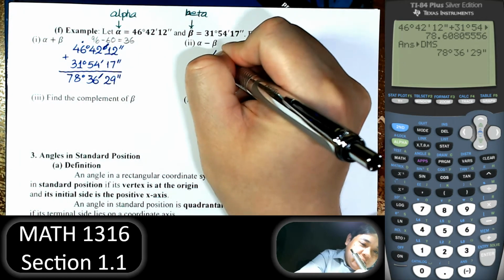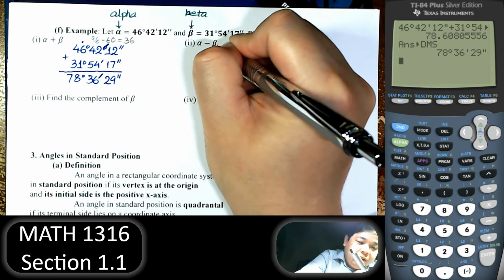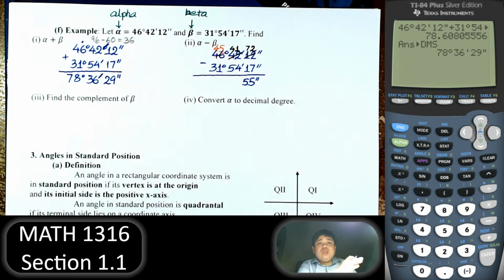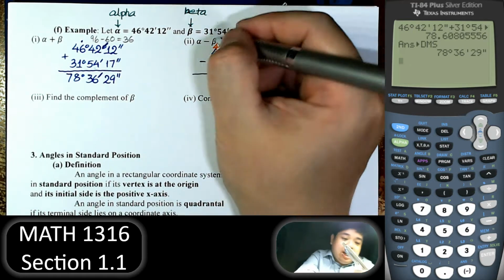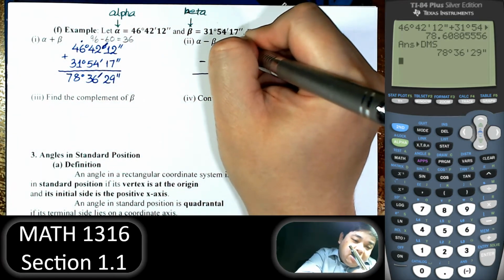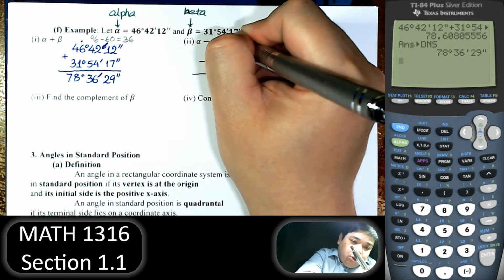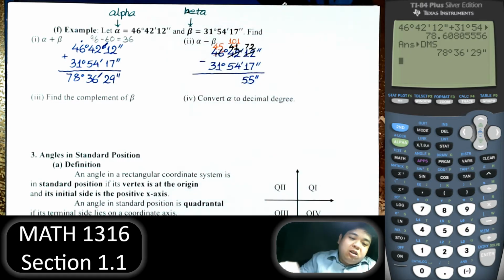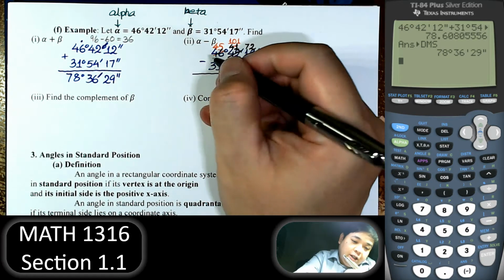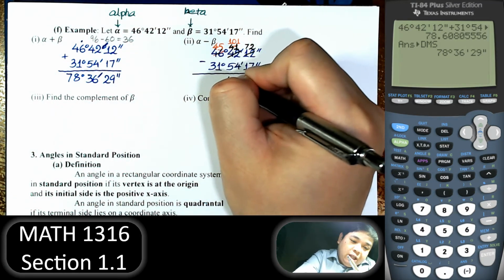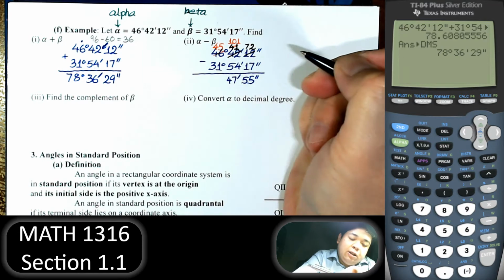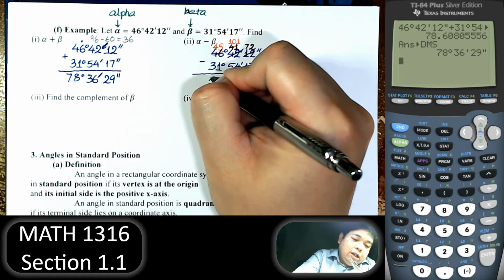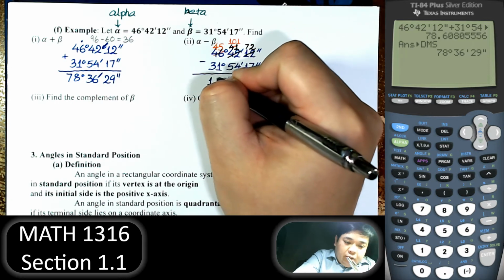So 46 is now down to 45. When we carry 1 degree over, that's 60 minutes, and adding 60 to this, we have 101. 101 minus 54 is going to be 47. And then 45 minus 31, that is 14.